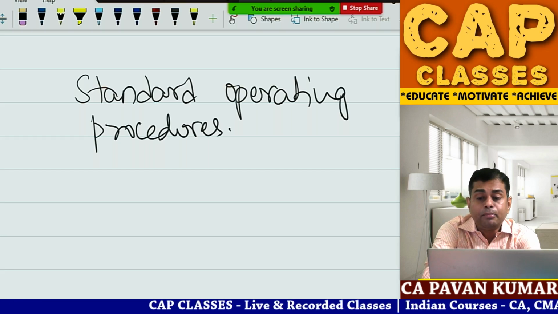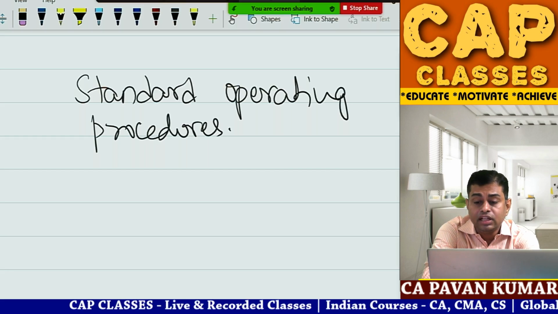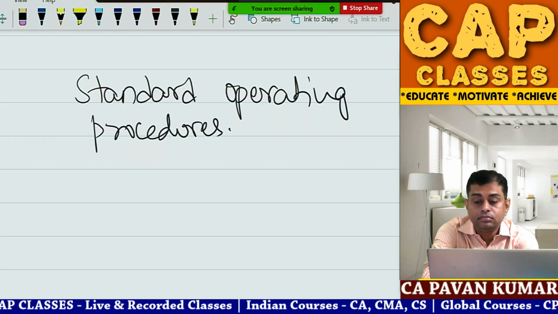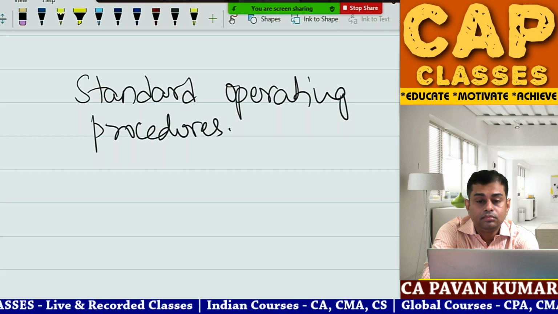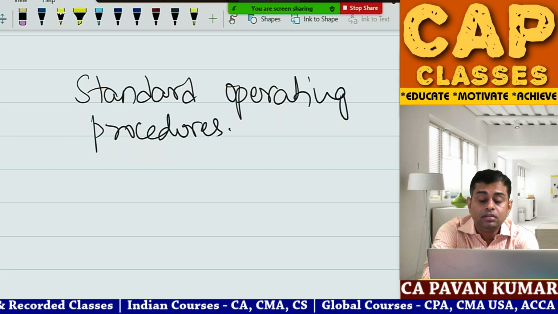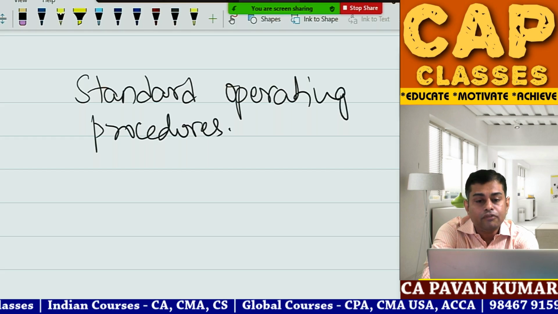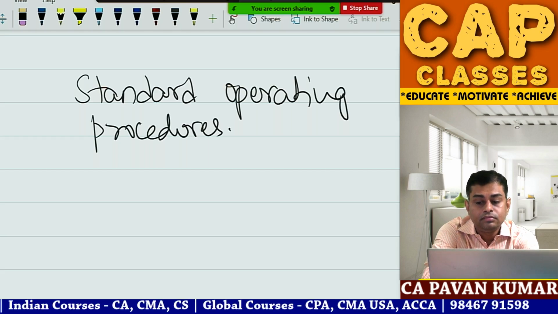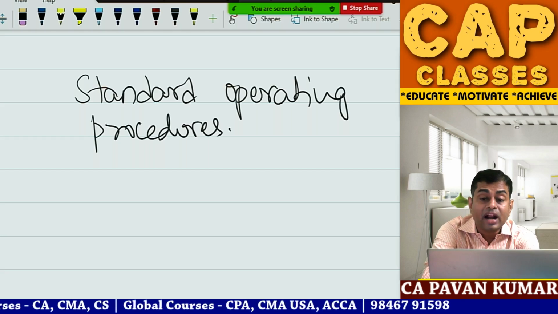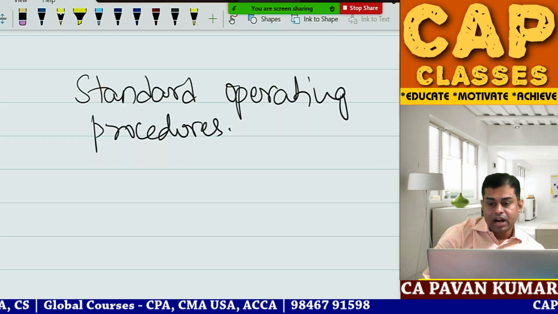The head office of the bank, you can write in next para, the head office of the bank issues standard operating procedures to all the branches.